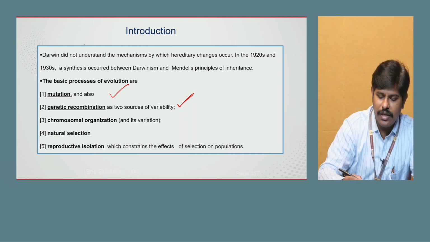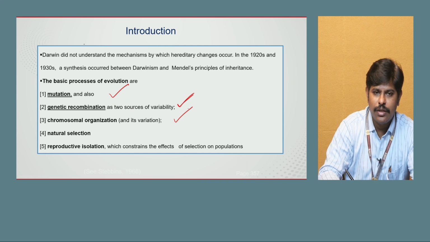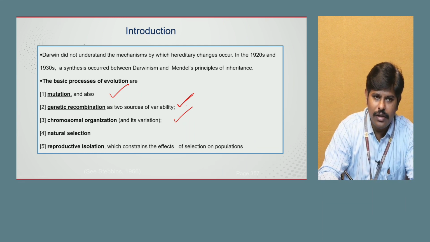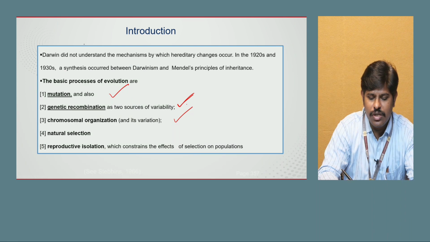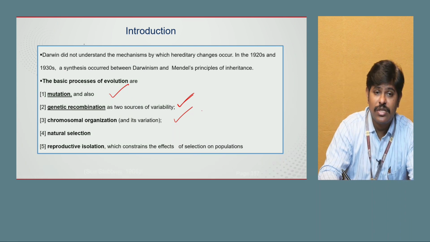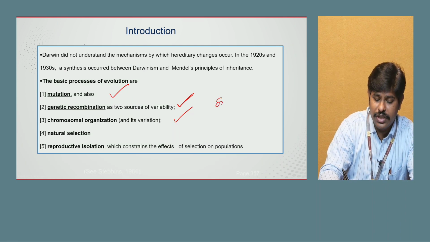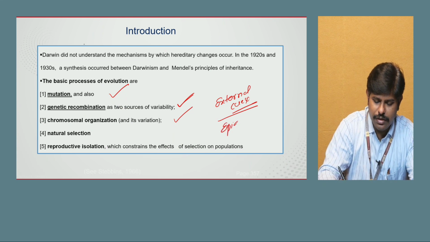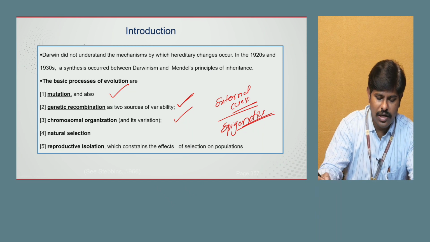Similarly, there is chromosomal organization. Chromosomes are generally organized into euchromatin and heterochromatin, and the organization also depends upon external cues. The external cues might disturb the chromosomal organization, and epigenetics also plays a role in chromosomal organization.